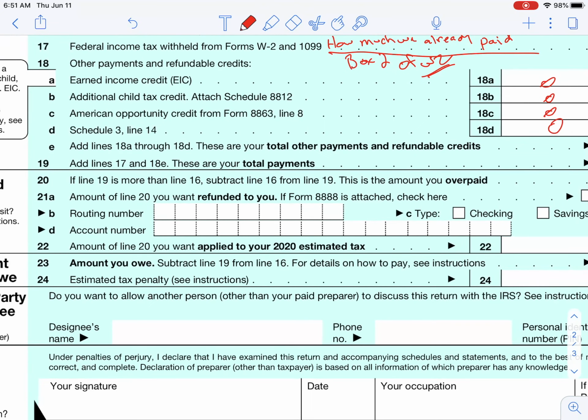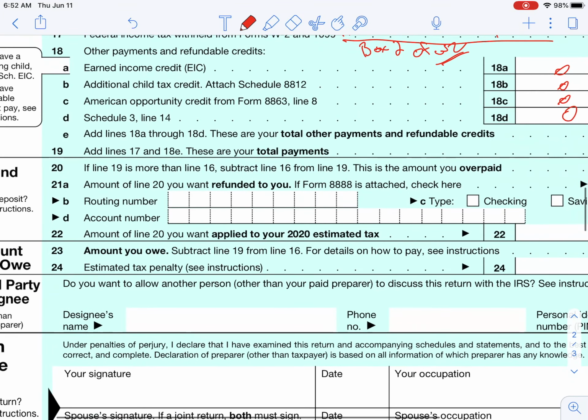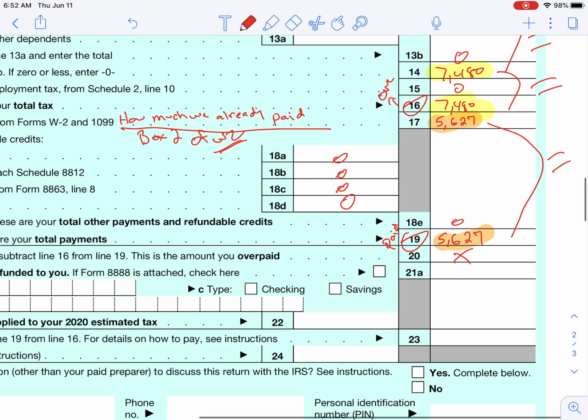All right? We're going to 23. Subtract line 19 from 16. So 16, 7,480 minus 5,627.